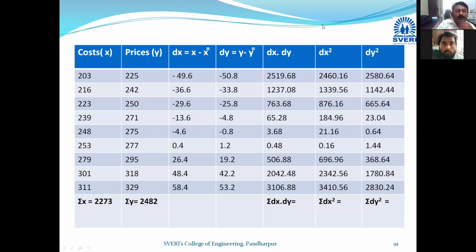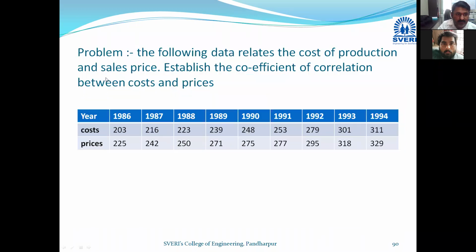Okay, so this is the table. I have tried to mention all the values, and some of the calculations I have kept for you. So here, first, the cost values and price values. Whatever 203, 216, etc., and price value 225.